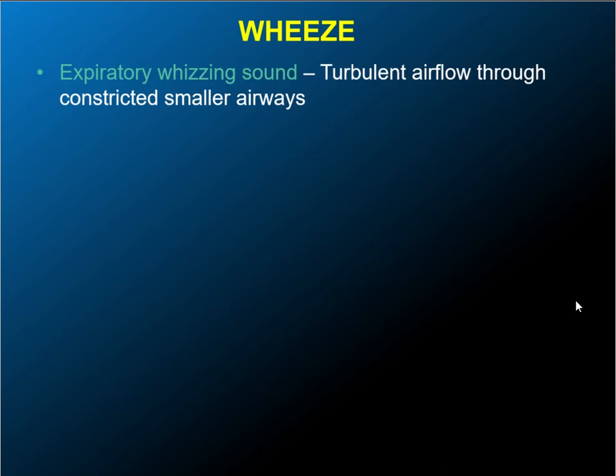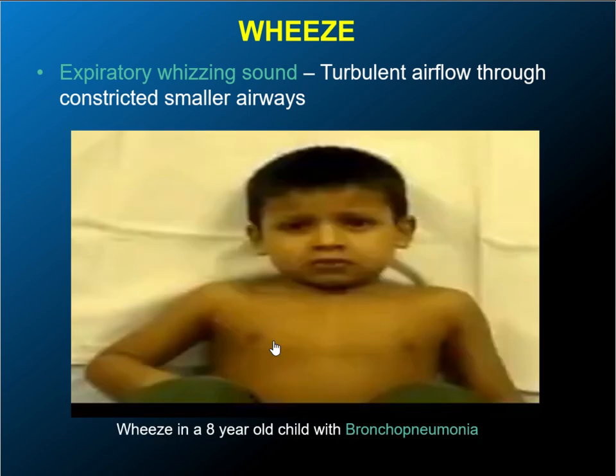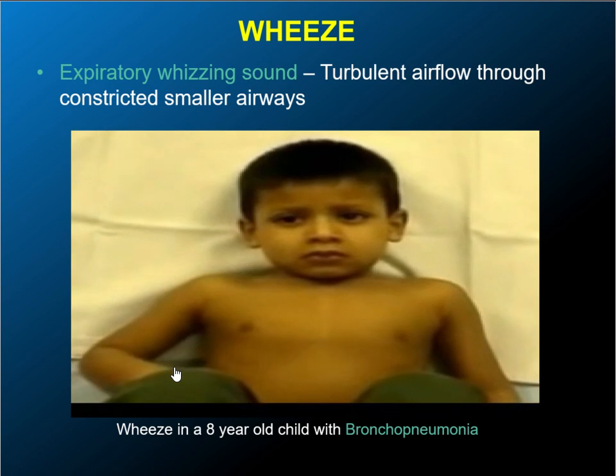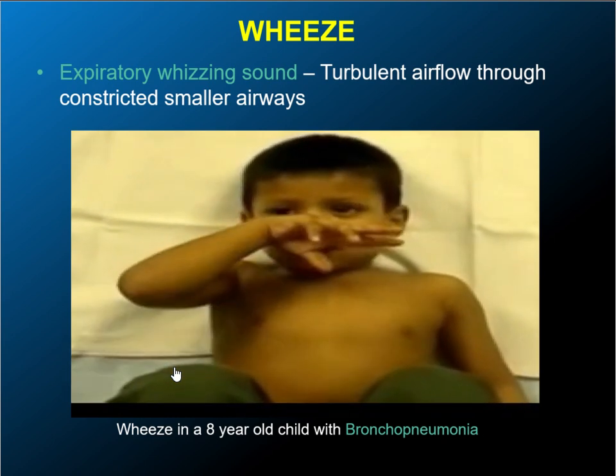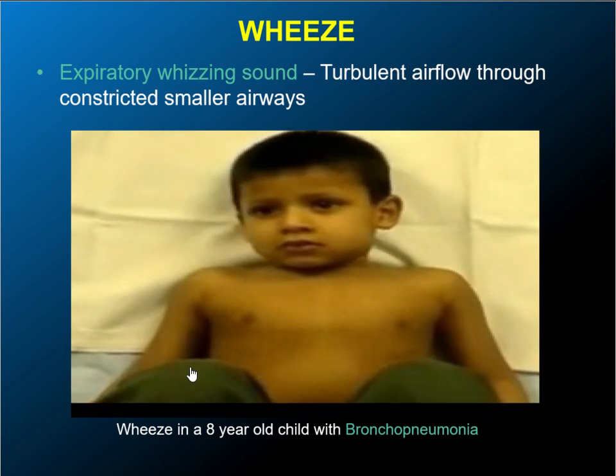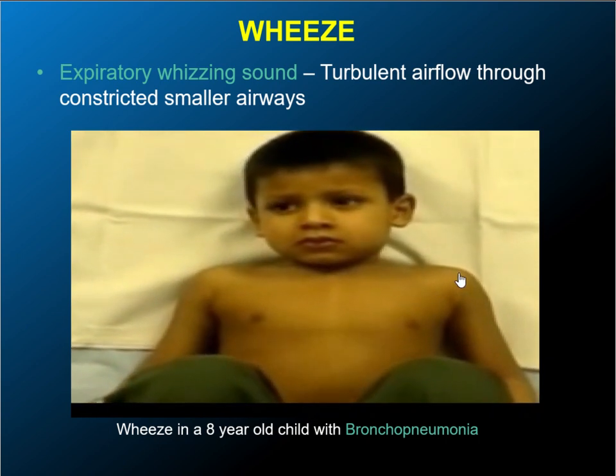Wheeze is an expiratory wheezing sound due to turbulent airflow through the constricted smaller airways. This is an 8-year-old child with bronchopneumonia. We can see the tachypnea and the wheeze.